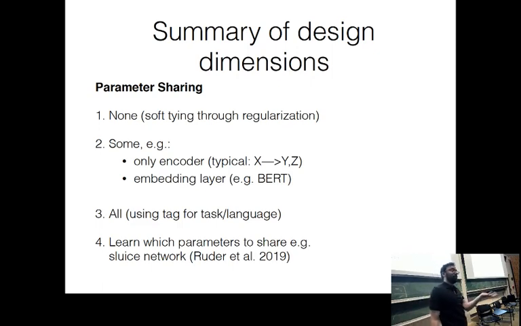But that's another super cool idea, right? Instead of giving our possibly false assumptions about which tasks might help, or how many of the embeddings or the encoder or the decoder layers should be shared, what if we had our model learn to do it itself?